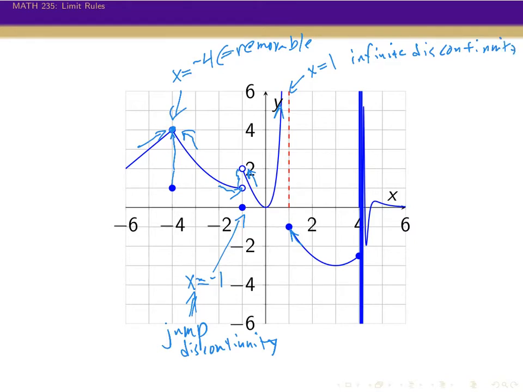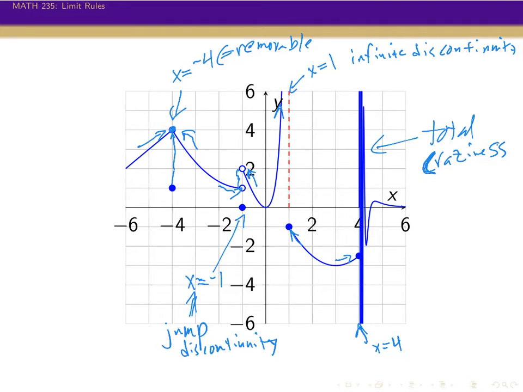And last but not least, we have a discontinuity at x equals 4. As you see on the left side, things are behaving rather well. It's going off to about 3.5. But on the right side, this is total craziness. It is not going to any single value.